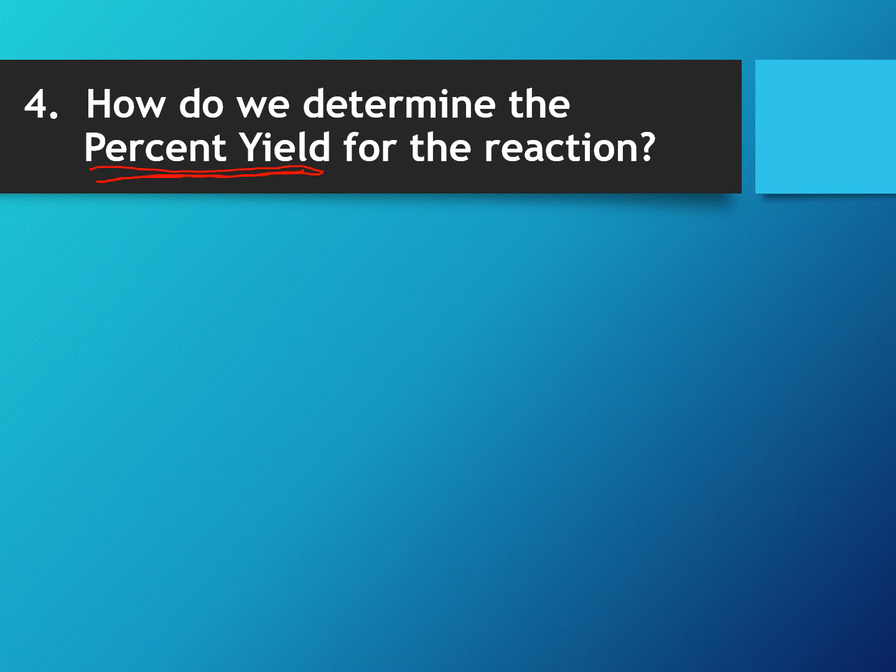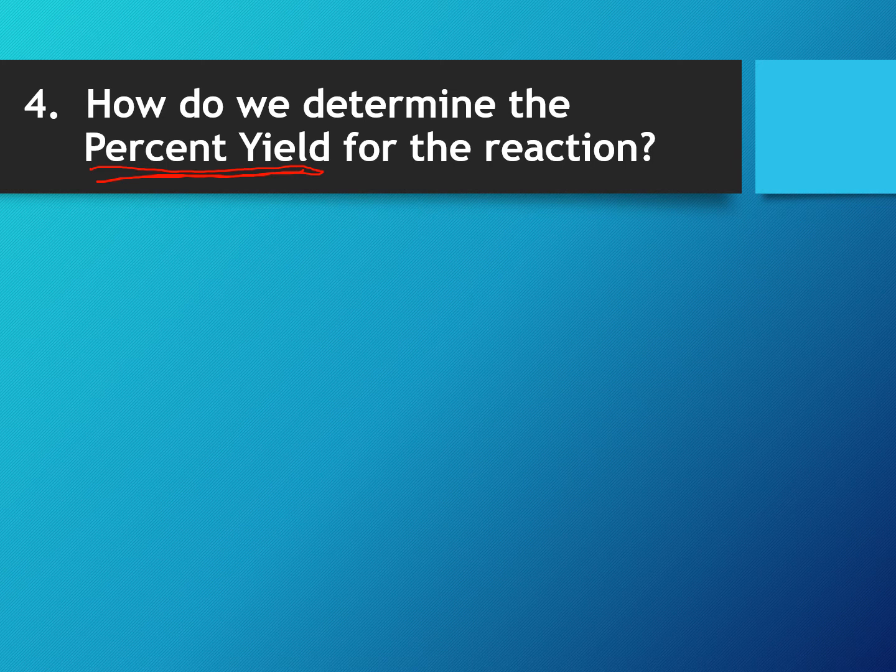So when we do all those stoichiometry calculations we were doing last week, notice in those calculations, there wasn't a step for "my lab partner spilled it," or "some of it didn't react," or "my lab partner has a drooling problem," and yeah, you get the idea.